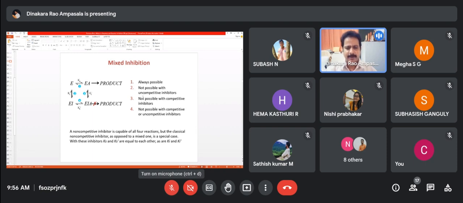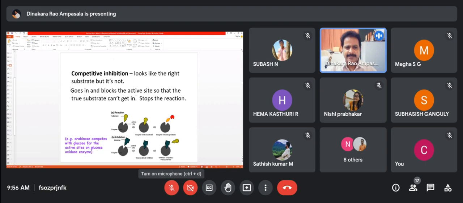Okay, so these are the possible reactions in the presence of an inhibitor. Now we'll see competitive inhibitors.